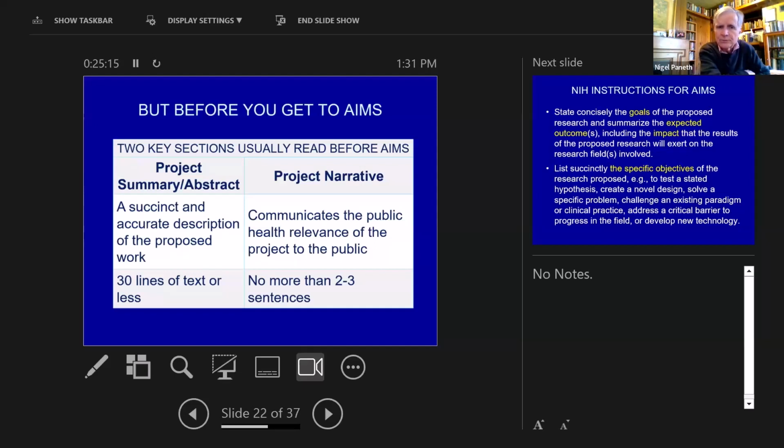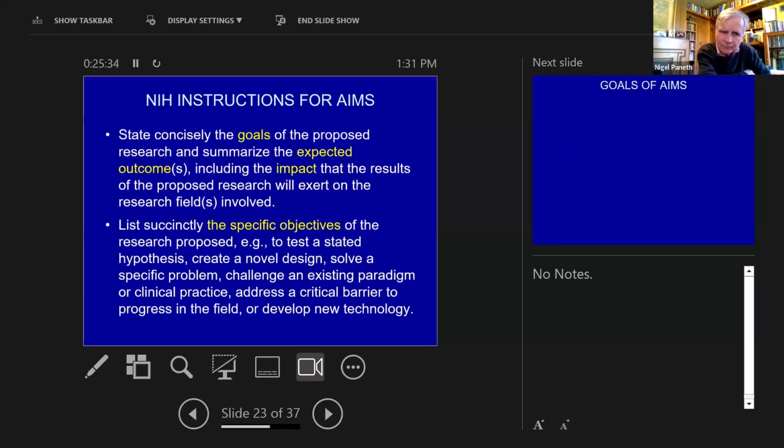And then there's something called the project narrative. It's 2 or 3 sentences, which is intended for the public to summarize what you plan to do. And this is really not a terribly important thing. But the reason I mention these is because you don't want to repeat things said there in the next parts of the application. So let me turn to the next page.